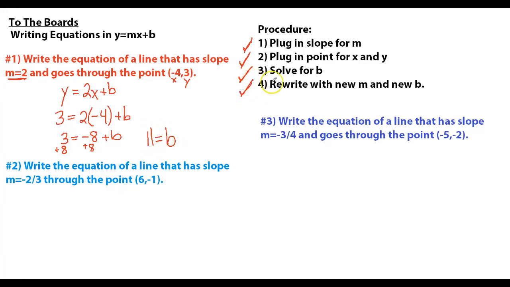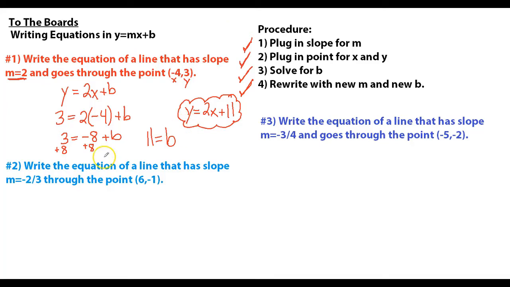Now my last step, step number 4, is to rewrite the equation with the new m and the new b. So I'm going to write y equals mx plus b, but my new m was 2, and my new b was 11. Y equals 2x plus 11. That has a slope of 2 and goes through the point -4, 3.